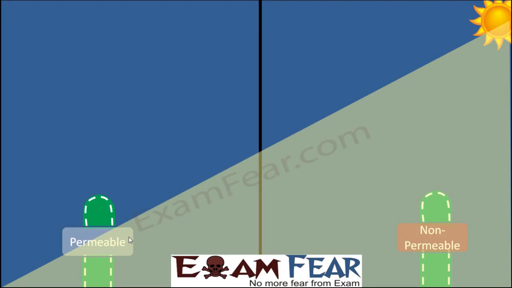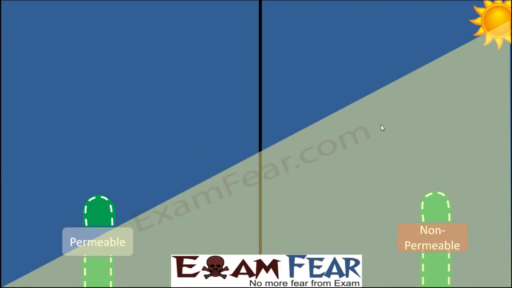So if you see here, this is a permeable membrane. What is a permeable membrane? Before that, let me just confirm if you remember that. A permeable membrane is any membrane which allows particles to pass through it, and non-permeable is something which doesn't allow anything to pass across it.